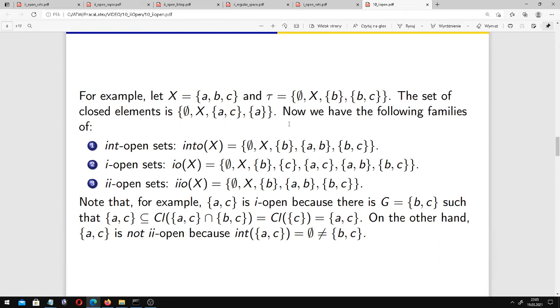And of course, AC is contained in itself. But on the other hand, AC is not II open. It is I open, but not II open, because interior of AC is empty, as there is no open set contained in AC, as we can see here. An empty set clearly is different than G, namely BC.